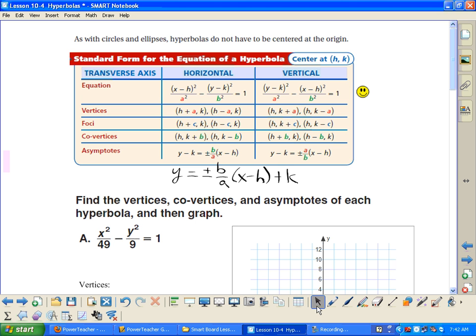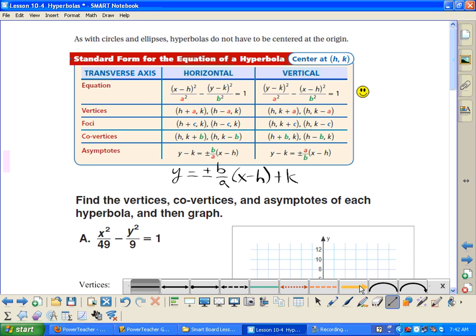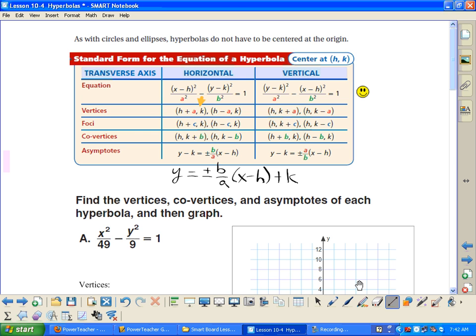The only difference is that we have a minus. So we are actually going to be subtracting. In both these cases, it's a minus sign, where in an ellipse, it's a plus sign. Everything else is basically the same as it is for an ellipse.